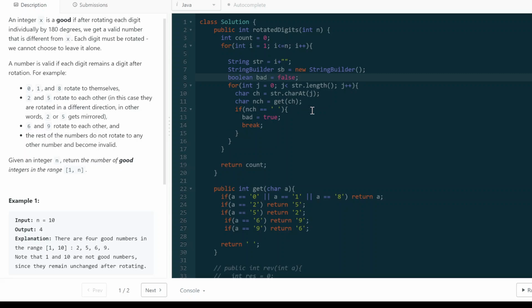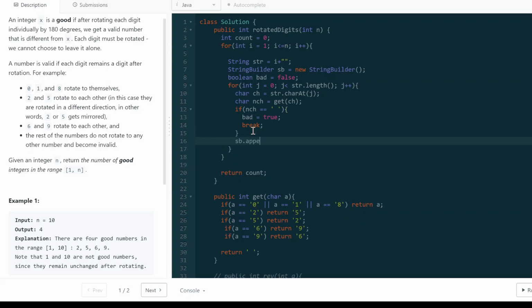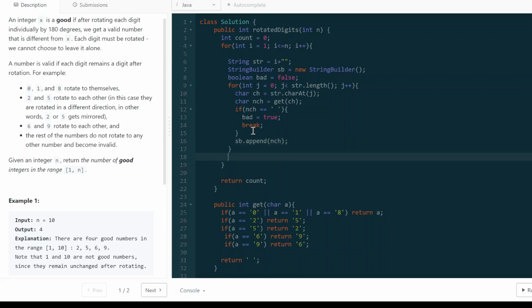There is no meaning of checking the other characters. We can simply break out and check our counter. So now after doing this, I can just say sb.append(nch), and then check if not sb.toString().equals(str), then only count plus plus.